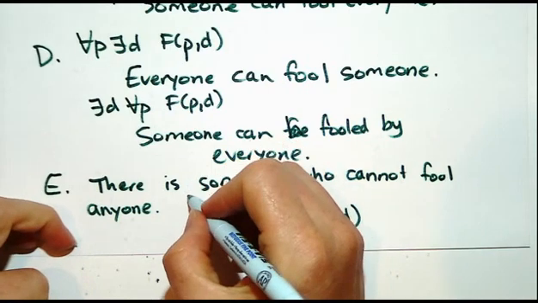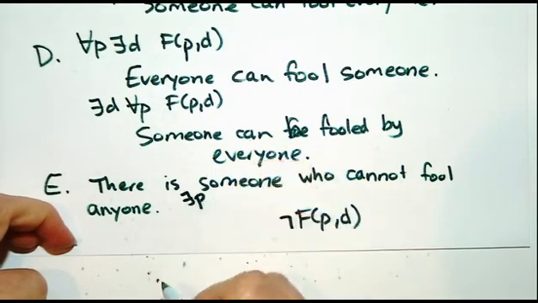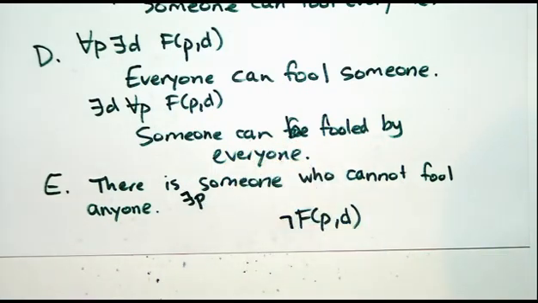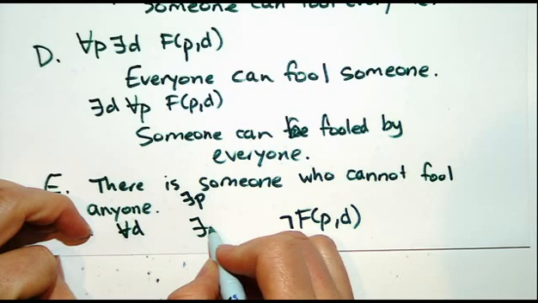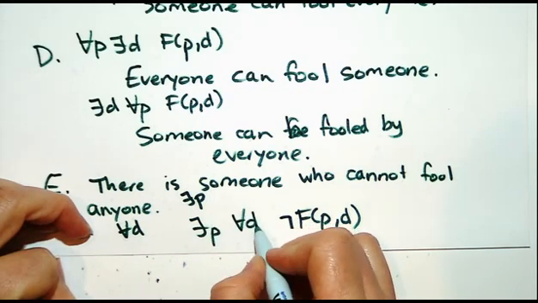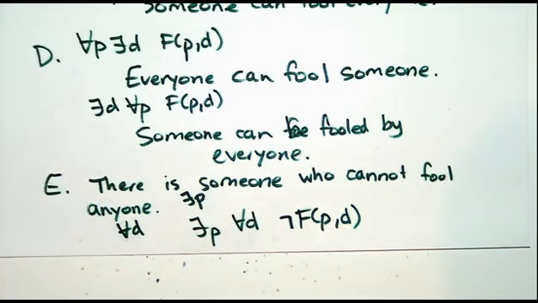And this someone is clearly there exists a P because they're doing the fooling. And anyone is what? That's a for all, because it really means everyone that has a not somewhere near it. So there is a person so that for all the people, they can't fool them.